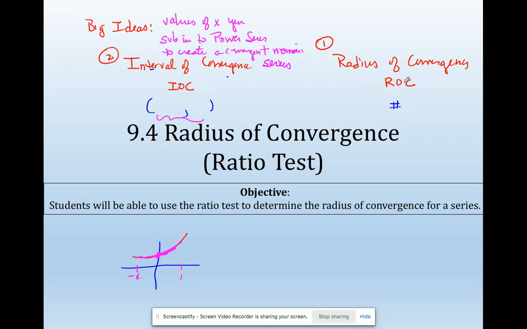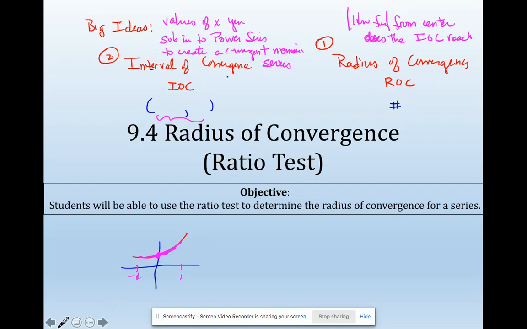So the radius of convergence is just the number that says how far from the center does the IOC go or reach. And I want you to think absolute value when I say how far. How far from the center?